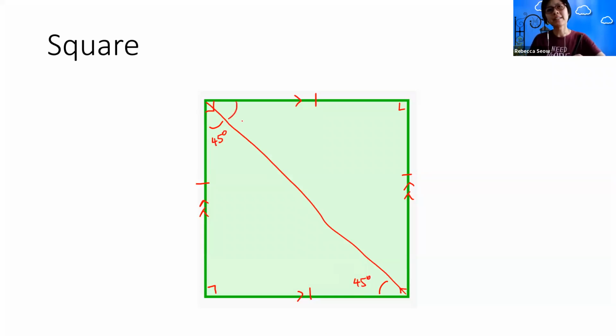Same for the other two angles over at the other triangle. Okay. Now, if I were to draw another diagonal across, we could safely say that for the other angles as well.